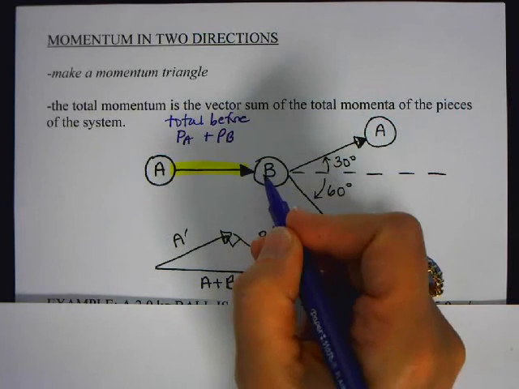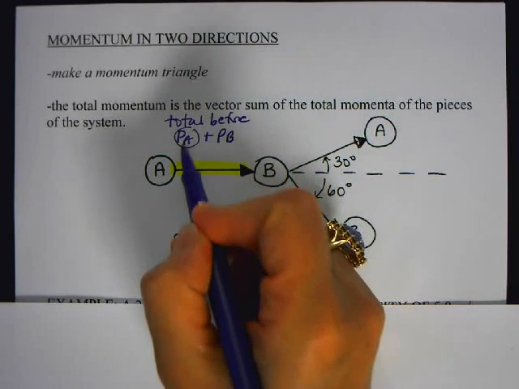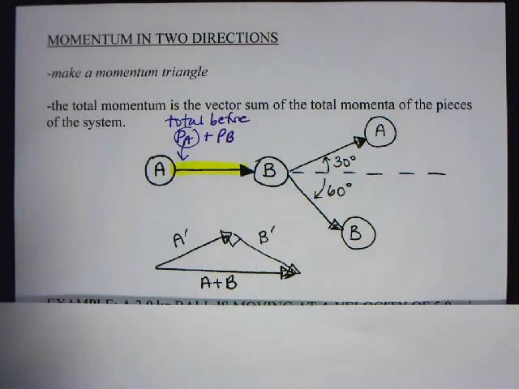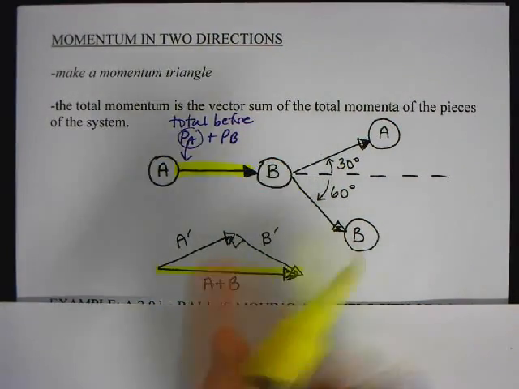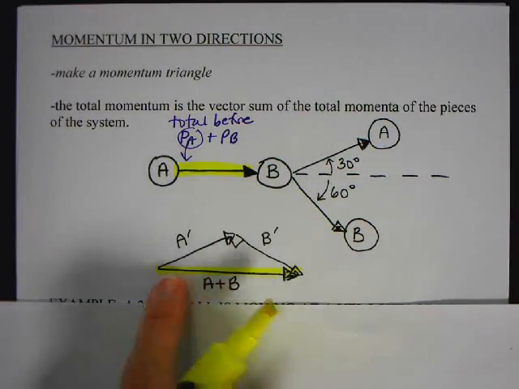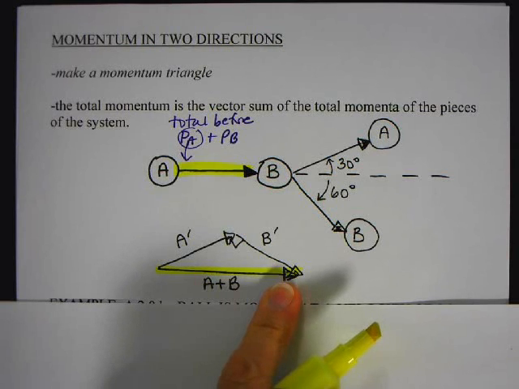So the total momentum before is going to be the momentum of just ball A. Graphically, I put A plus B, but we know B is 0. So here's the total momentum before.